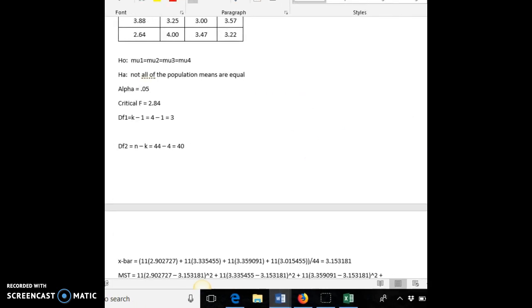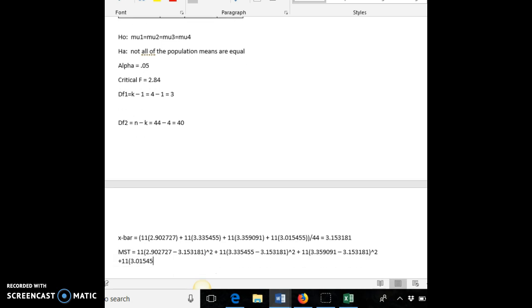Our last piece of data will have 11, our last column I should say, and its mean was 3.015455 minus 3.153181.